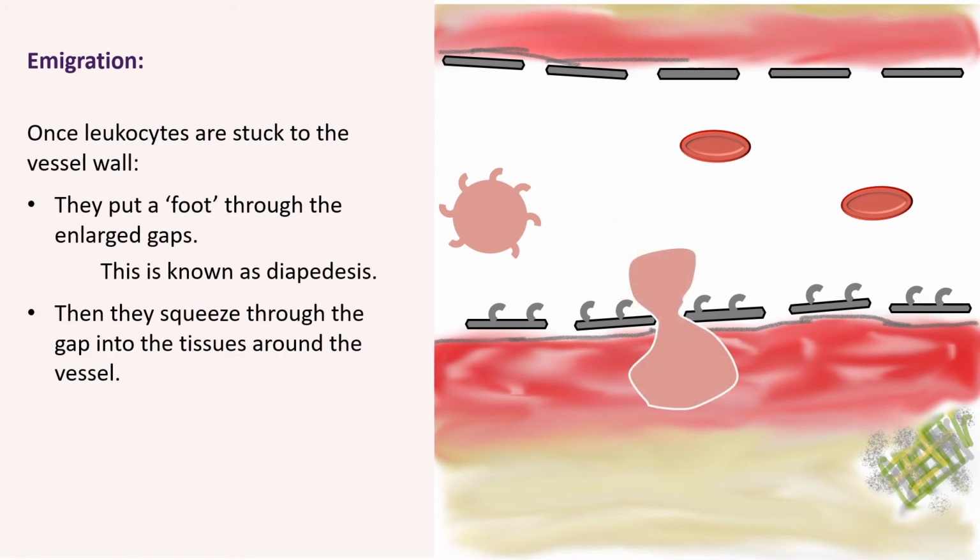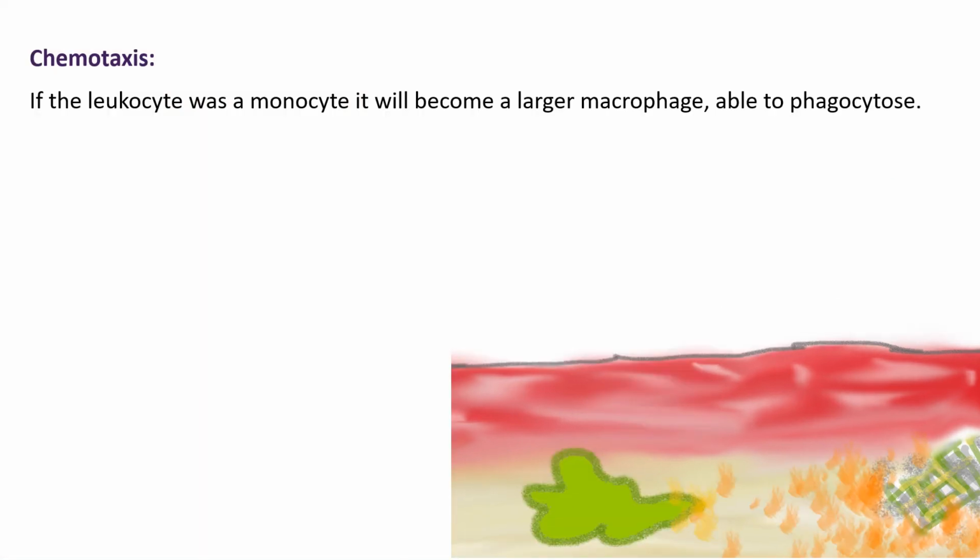They then squeeze through the gap into the tissues. Once they're into the area, so they're now out of the blood vessel, they're into the tissues. If the leukocyte was a monocyte, it will now become a macrophage, much larger, able to secrete and phagocytose.